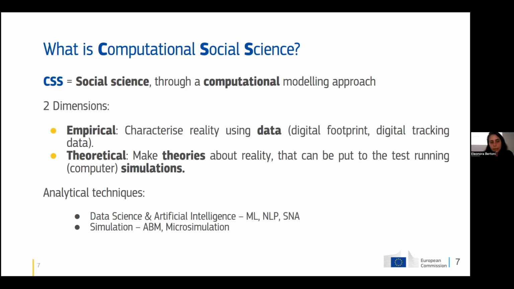The two main dimensions of the discipline are an empirical one, which is based on characterizing reality using data and some specific type of data, and also a more theoretical component, so trying to make theories about reality that can be put to the test through different modeling approaches, such as simulation.